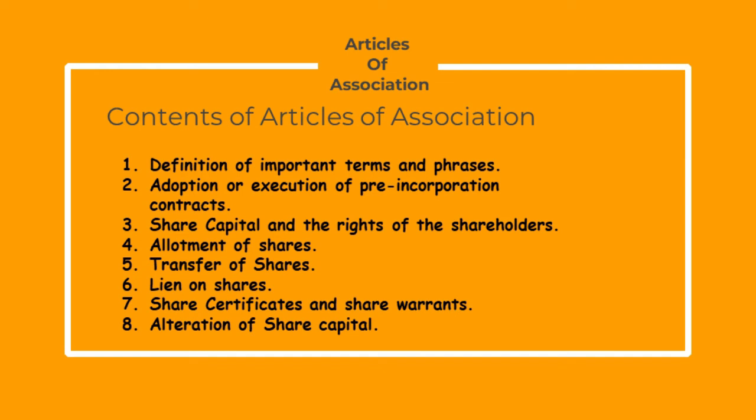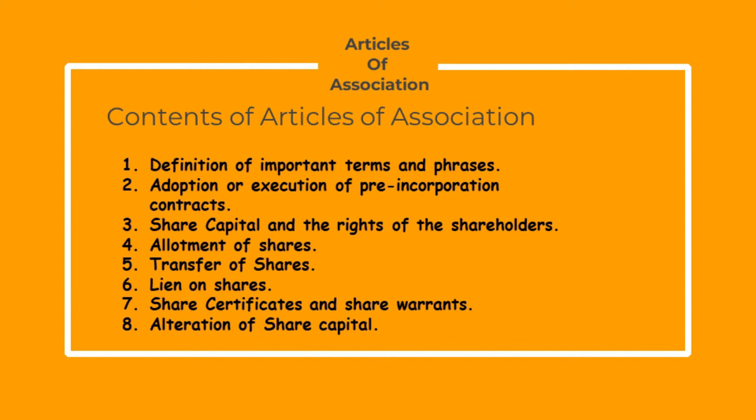You can alter the articles of association, but it should be within the provisions of the Companies Act. The alteration of articles which is inconsistent or contrary to the provisions of the Companies Act is inoperative and without any legal effect.